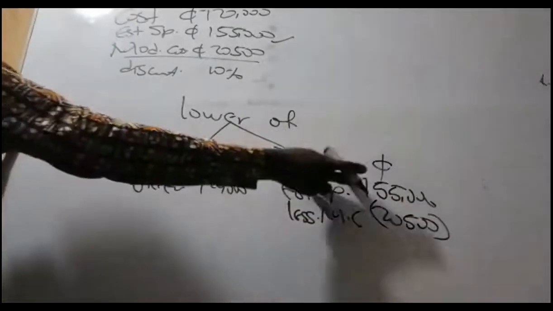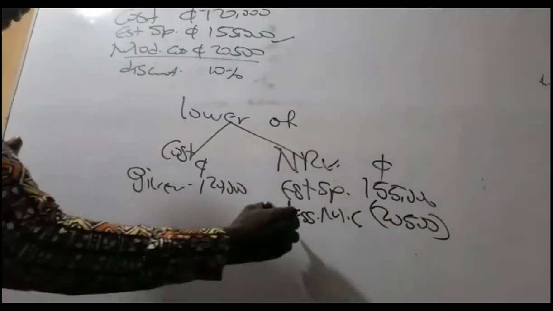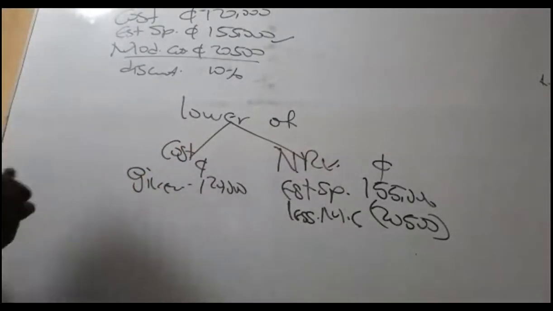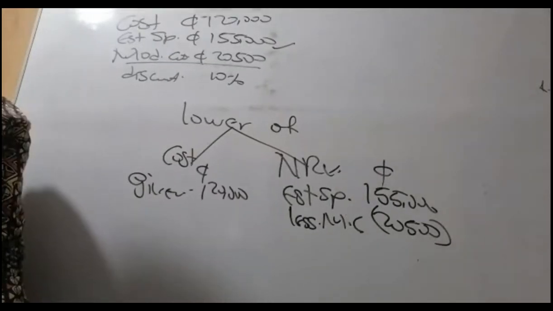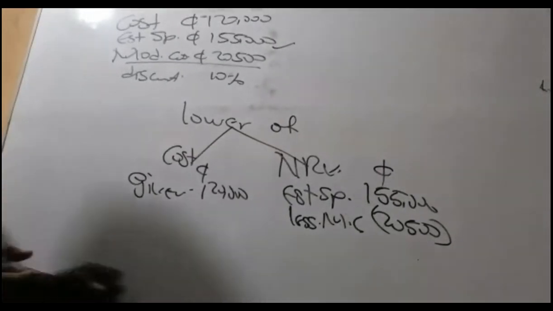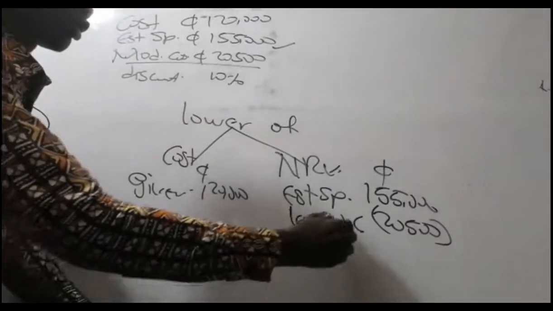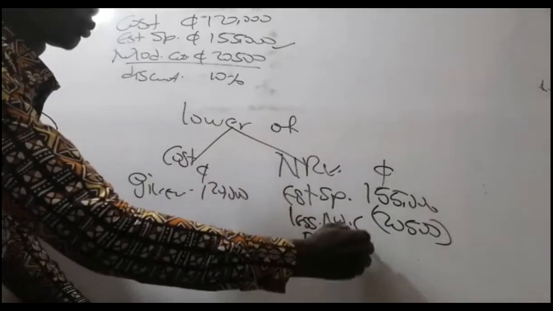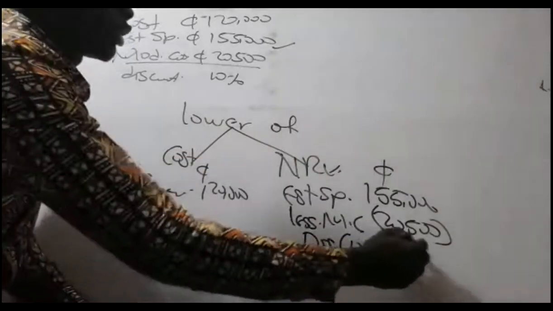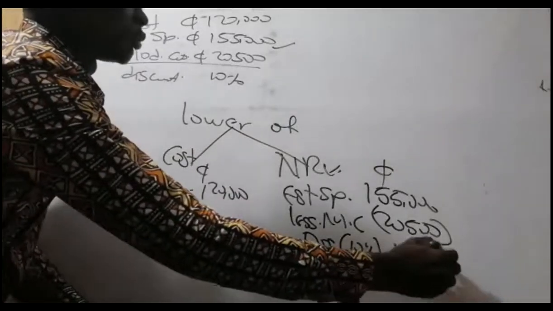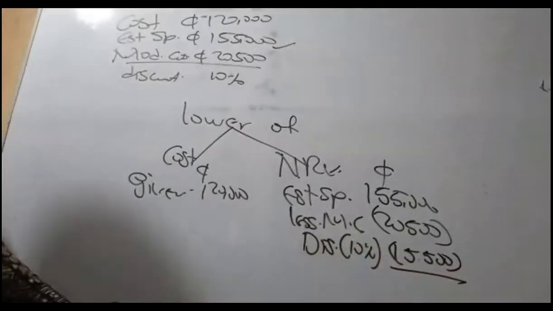Discount: either you take it off from this figure or you can let it be on its own. So discount, say 10% of this, right? That'll give us 15,500. Put in bracket.